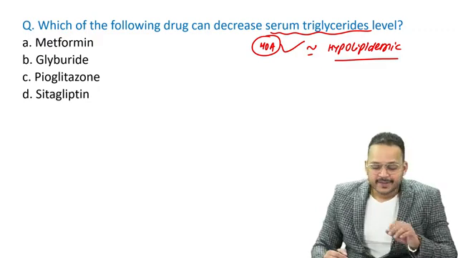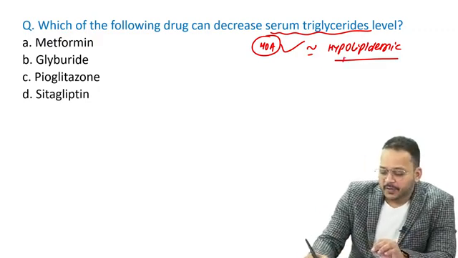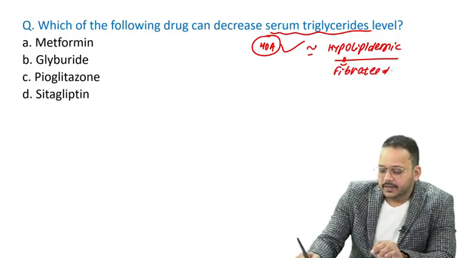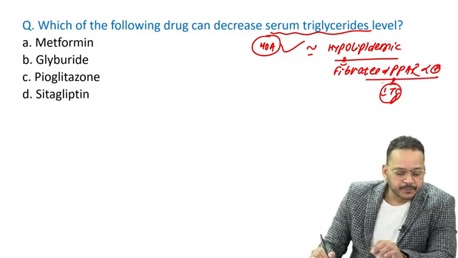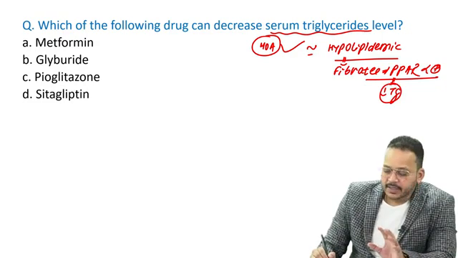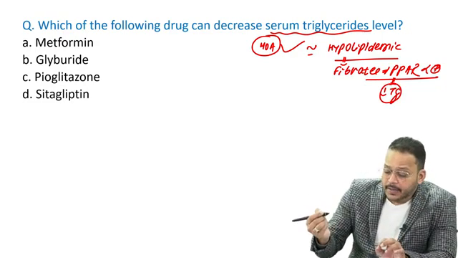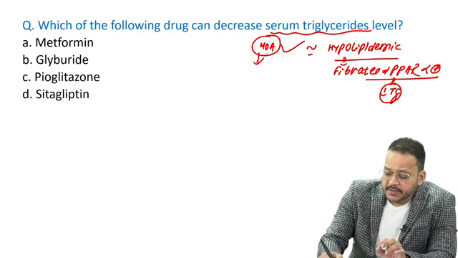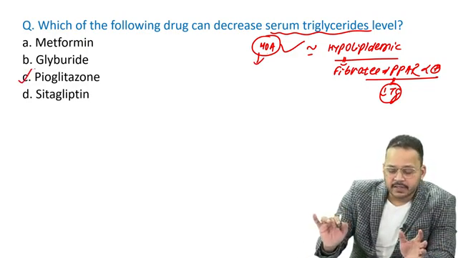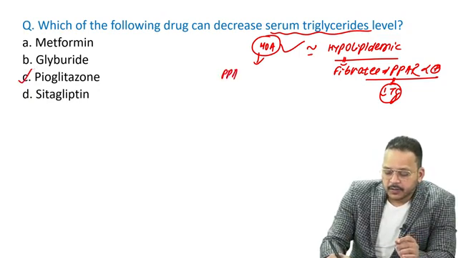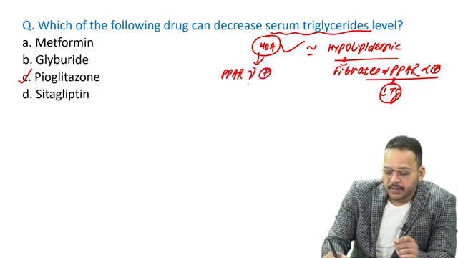So, guys, we have a hypolipidemic drug called fibrates. And fibrates are PPAR alpha stimulators, and they decrease serum triglycerides, right? And the mechanism of action here, your answer is C. Many of you have given the right answer. Excellent. Pioglitazone is actually a PPAR gamma agonist.